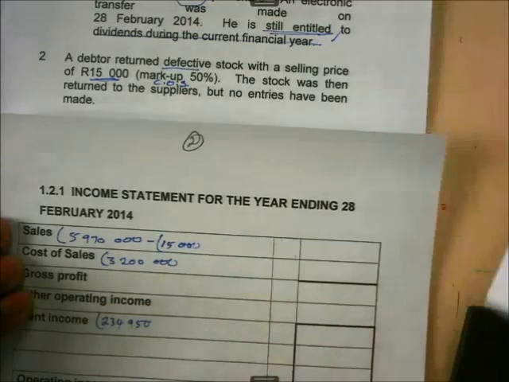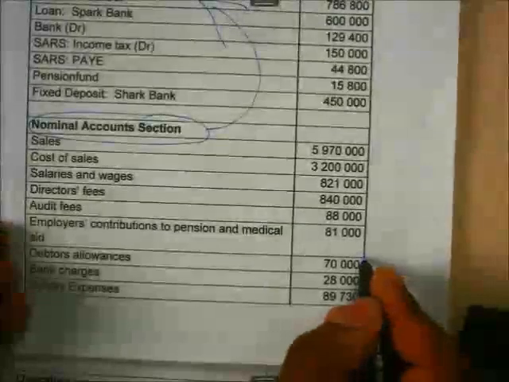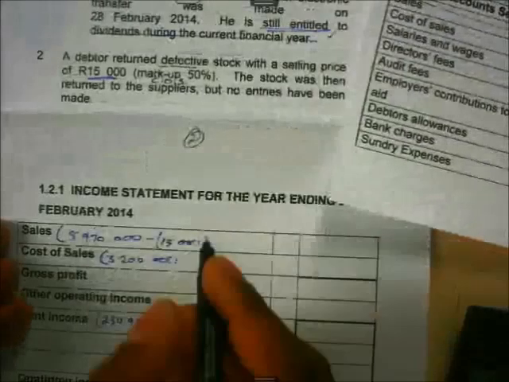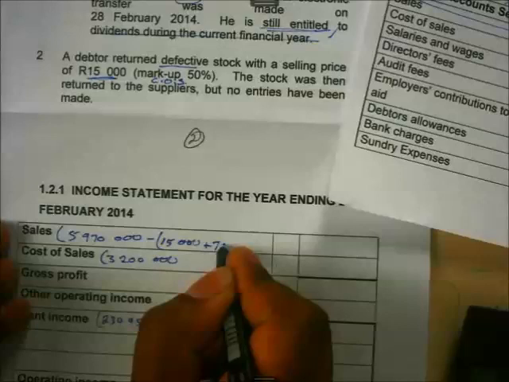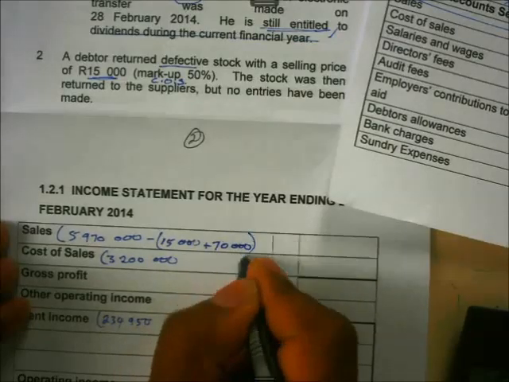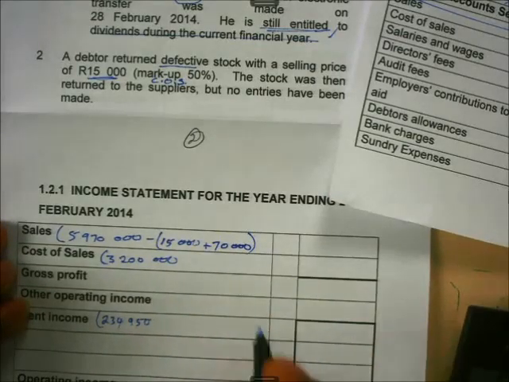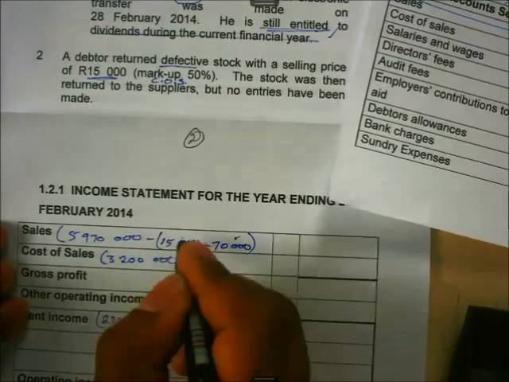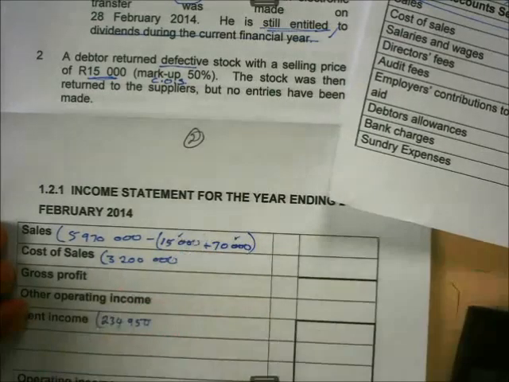But remember also, we have skipped something here. We have skipped the debtor's allowance. Debtor's allowance is the goods that were returned during the year. And then to this amount, we are also going to add this. What have I done here? I have goods that were returned during the year and recorded, and I have goods that were returned but not recorded.